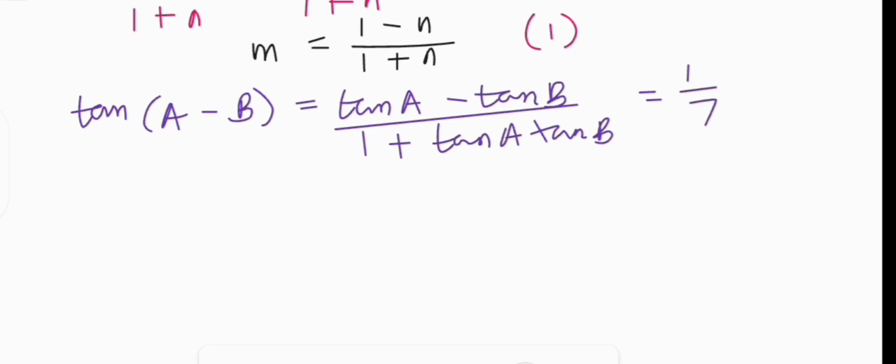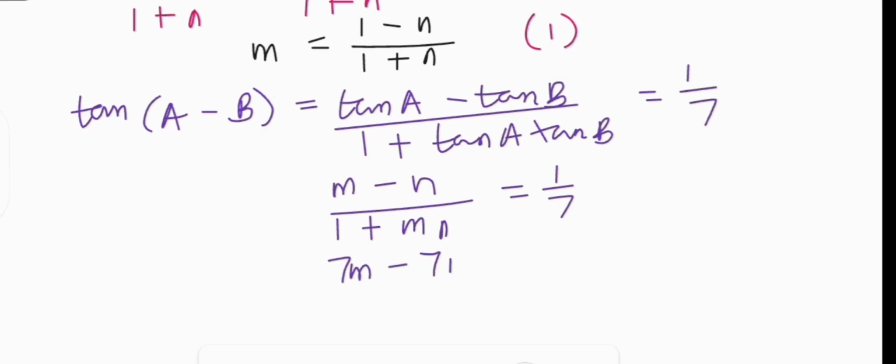Don't forget that tan A has been represented with M, so that's M minus N, N for tan B, over 1 plus MN. And this is equal to 1 over 7. Then taking the cross product, we have 7M minus 7N to be equal to 1 plus MN. We subtract MN from both sides and add 7N to both sides to give 7M minus MN, and that's equal to 1 plus 7N.